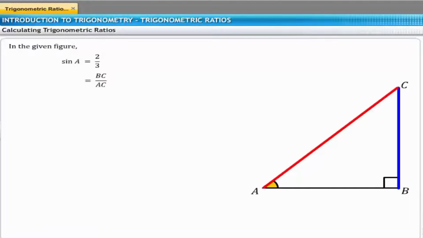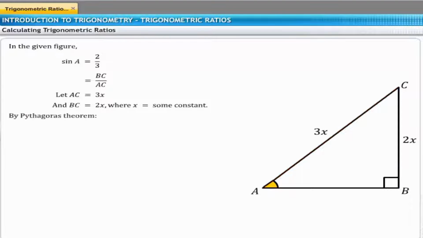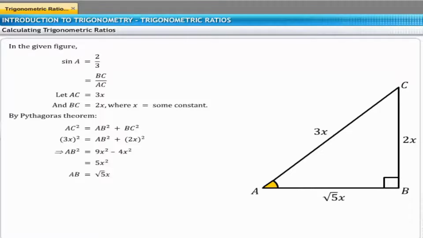Thus, we can say that AC is equal to 3x and BC is equal to 2x, where x is some constant. Again, using Pythagoras' theorem, we can find the length AB. Putting in the values and solving, we find AB is equal to root 5x.